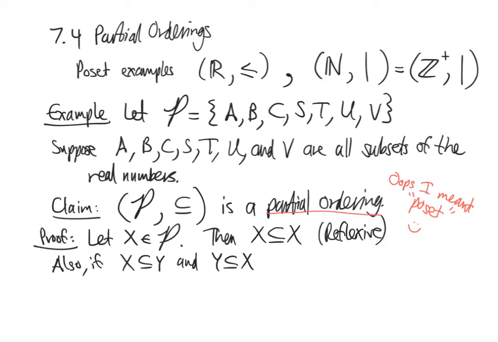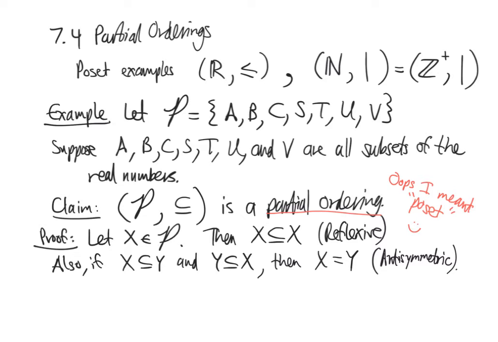So if X is a subset of Y and Y is a subset of X, then X equals Y. X and Y are the same set. This is exactly the definition of set equality we talked about in chapter 4. So that proves anti-symmetric. If I said symmetric earlier, I apologize. I meant anti-symmetric.